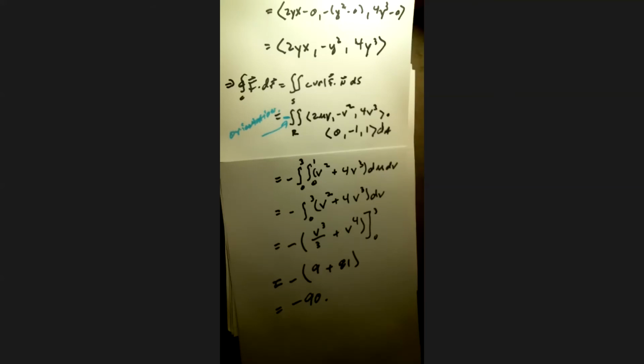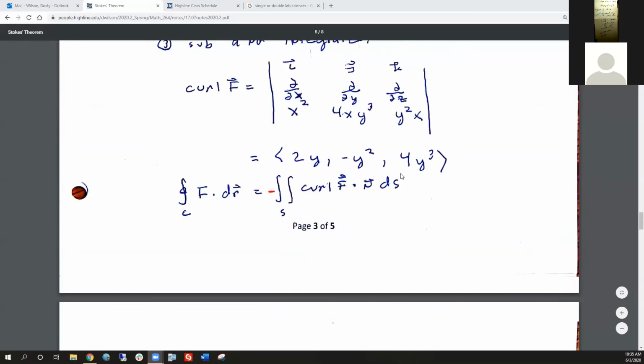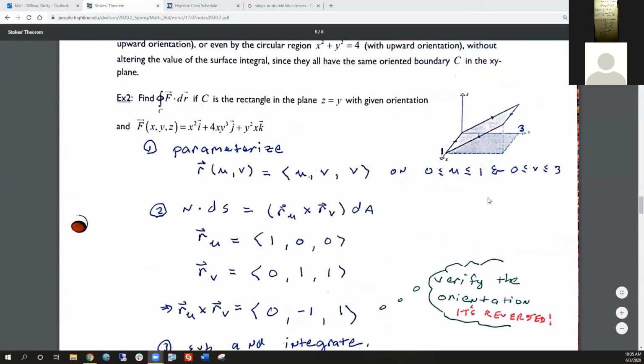So I think what you can probably see is that there's a fair amount of steps here, but it's not actually that difficult. It's more just about going through the process and seeing where it takes you. Going back to the original question, why was it that Stokes' theorem was advantageous to us on this particular question?